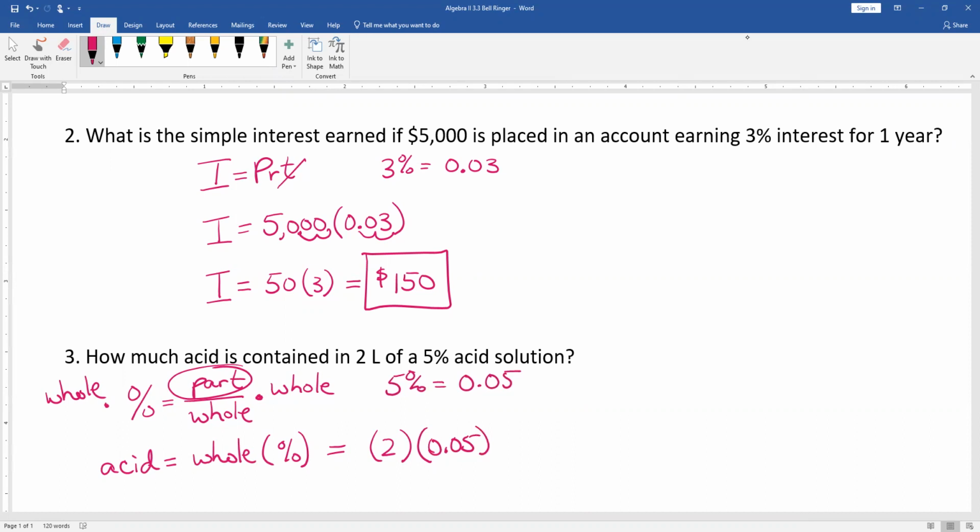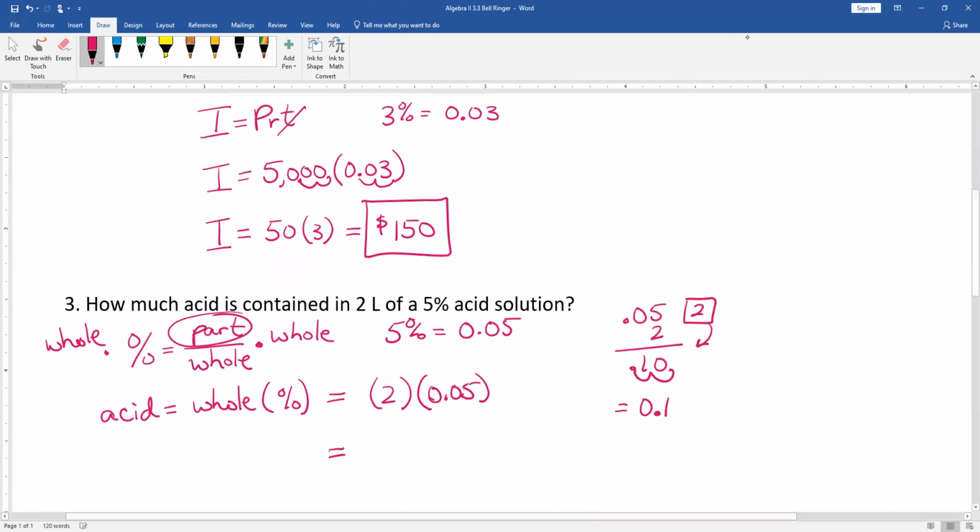So in this case, I'm just going to do 0.05 times 2. I know that that's 10, and I have two numbers behind that decimal place. So I'm going to move that decimal so that it is 0.1. And that's our answer. So the actual volume of acid in this solution is 1/10 of a liter.